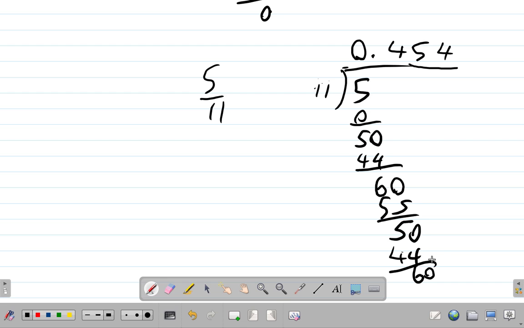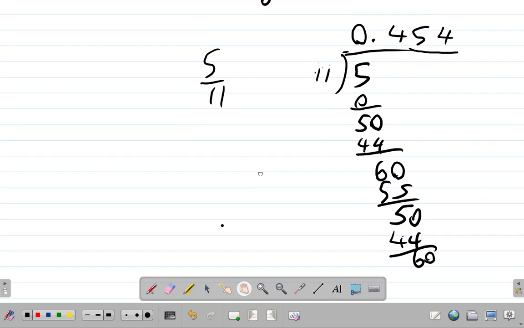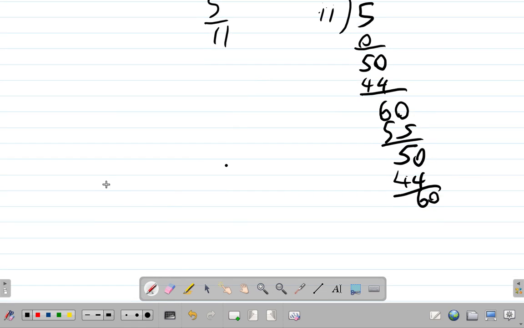But wait, notice, it seems you have been repeating yourself. You would be repeating yourself over and over. And this fraction is 0.454 going on. 0.45454, and so on and so forth. You remember the name of this fraction.